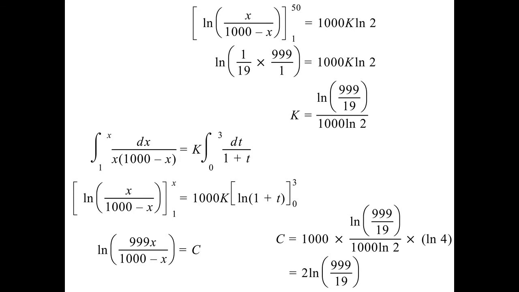All right, time to work out c. c would be 1,000 times k, so now I've got to use the k that I had here, times, subbing into this, we get the log of 4. Tidying all that up, we get 2 log 999 over 19.